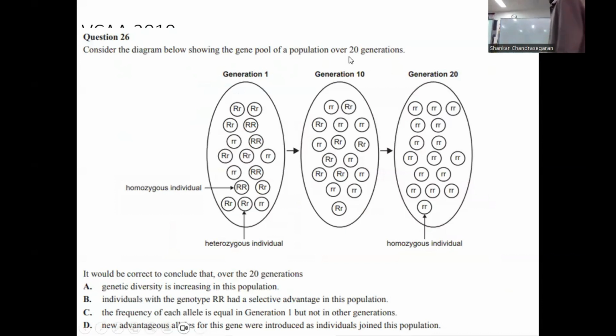All right, let's look at this one. Consider the diagram below, the gene pool of a population over 20 generations. So notice how the population has changed over the multiple generations. It would be correct to conclude that over 20 generations, what has happened?